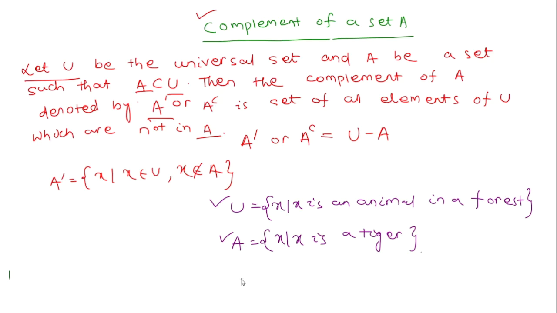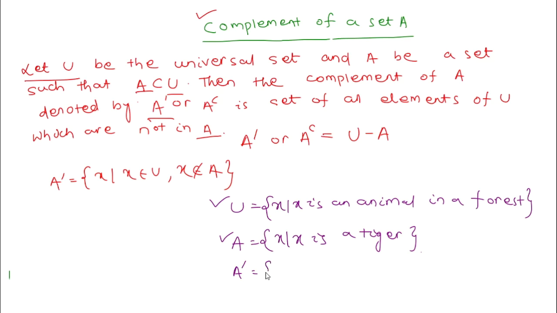There are so many animals, let's say bear, lion or anything else. So what will be the A complement? A complement will be every animal but not the tiger.